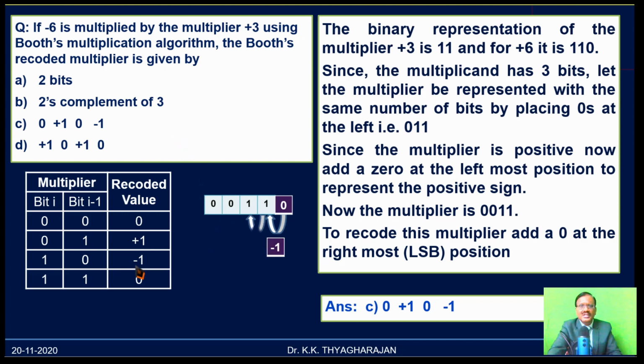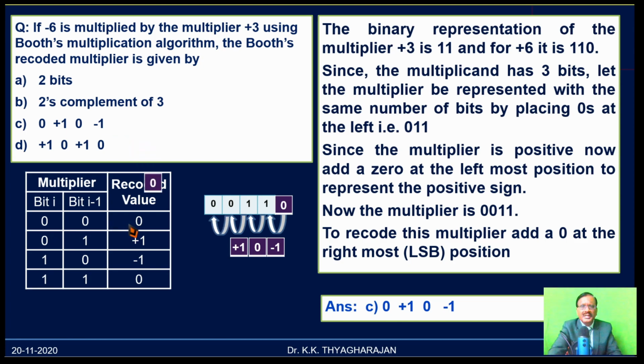Now you see the next one. It is 1, 1. 1, 1 means it will be recoded as 0. Then the next combination is 0, 1. So it should be recoded as +1. Then the final combination is 0, 0.